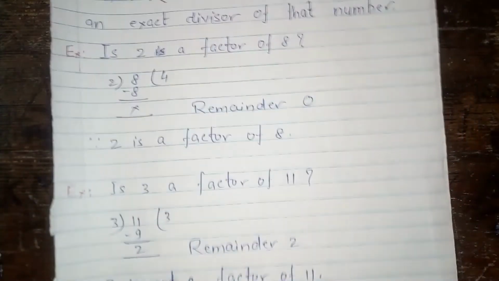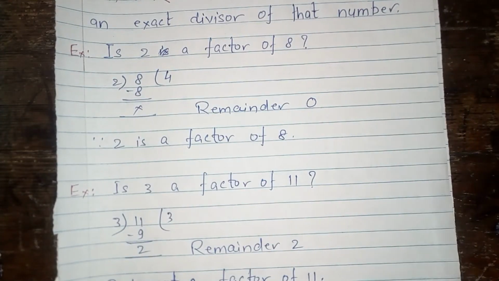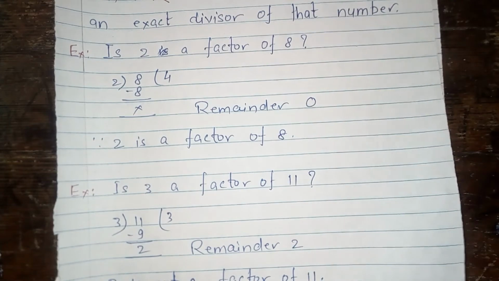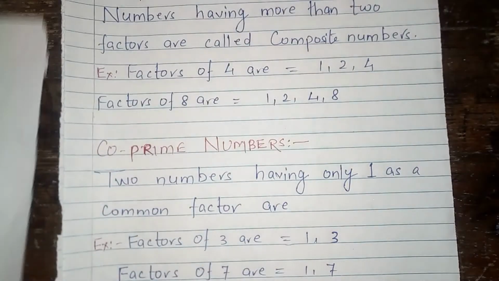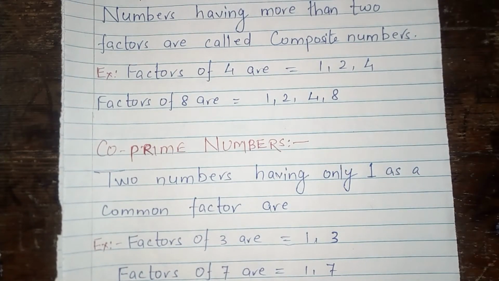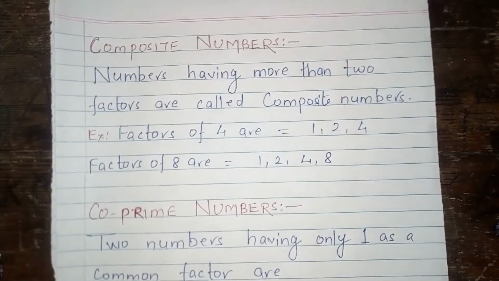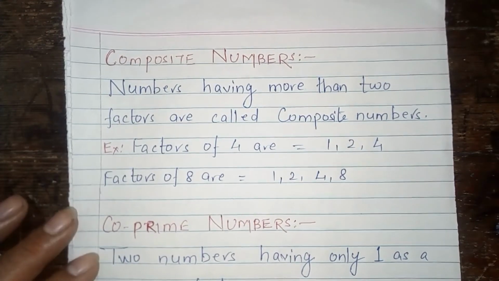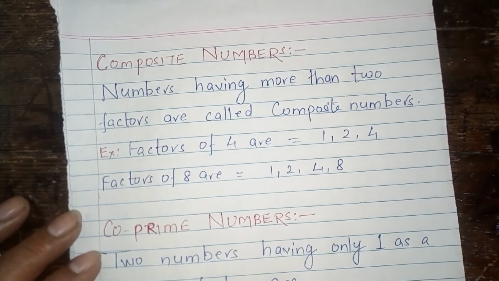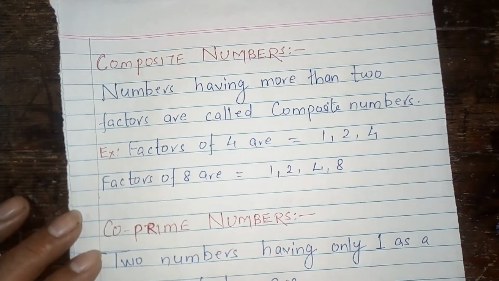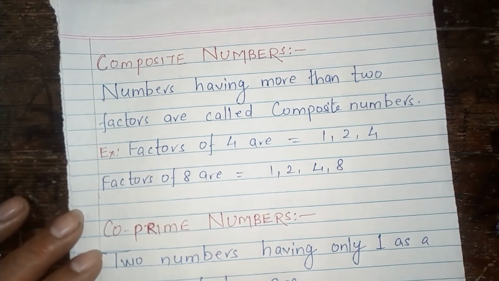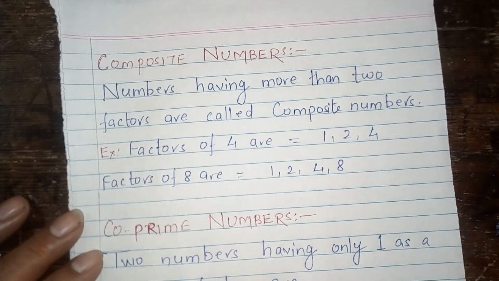Now let us discuss composite numbers. What is the meaning of composite numbers? As you know very well, prime numbers and composite numbers are opposite to each other. Prime numbers have only two factors: first is 1, second is itself.